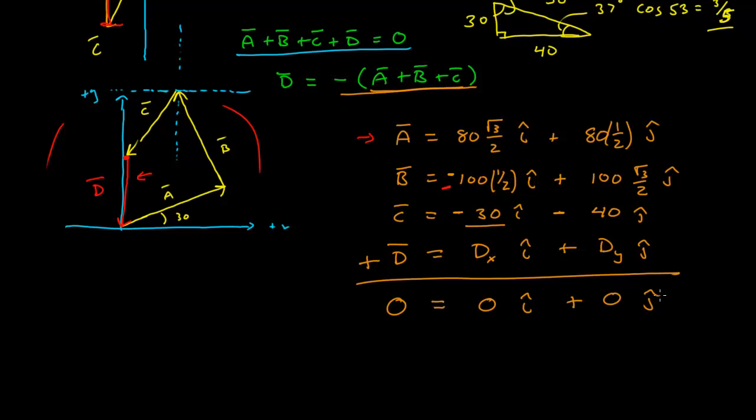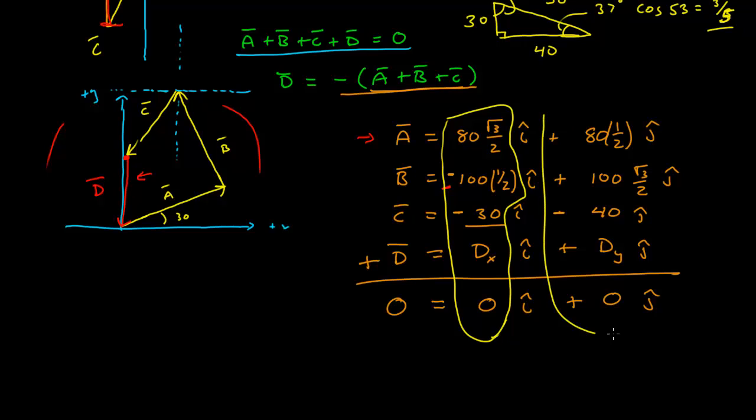Now you can see why this is convenient, because what I had was a vector relationship. The sum of all the vectors had to be 0. But I've been able to turn that into two scalar equations. The sum of all the x components must be 0, and the sum of all the y components must be 0.